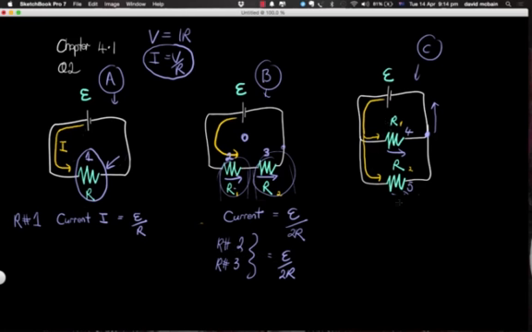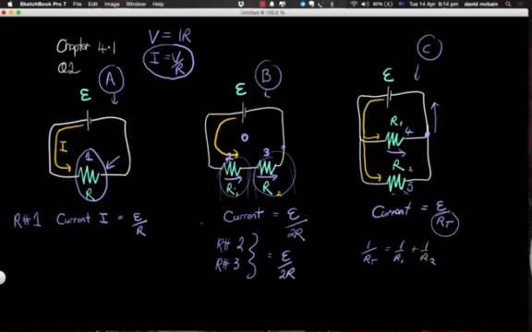Let's have a look at the final two resistors in our parallel circuit. Now once again, the current coming out of the battery is going to equal E over the total resistance. But hang on, these aren't in series, they're in parallel. So we need to work out an expression for the total resistance using our parallel resistance formula. 1 over RT equals 1 over R1 plus 1 over R2.